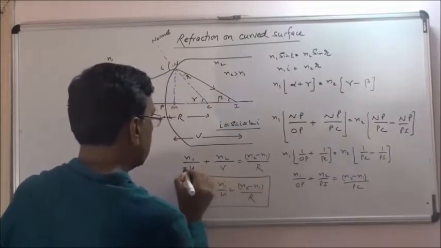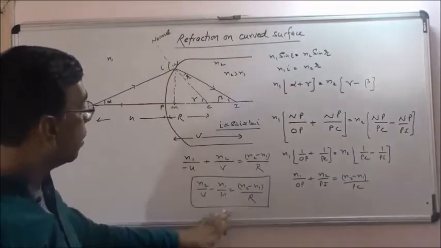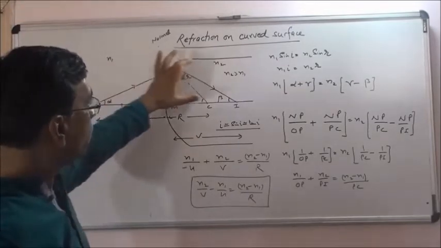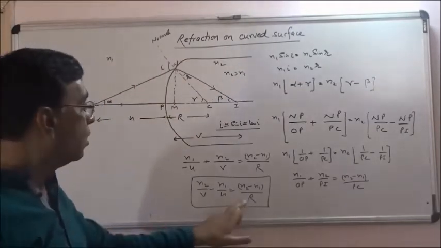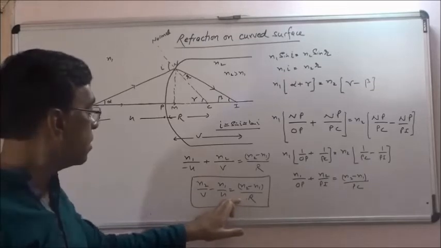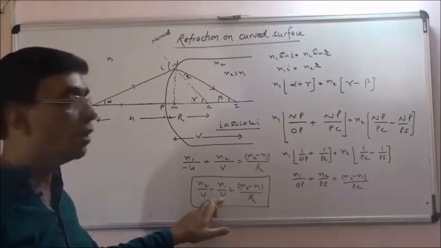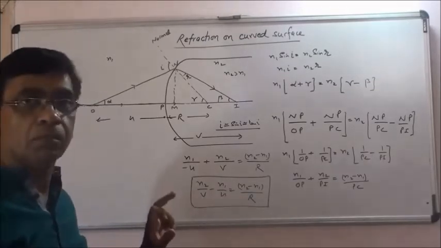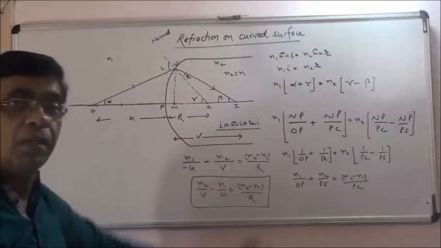This is the final expression relating refractive indexes of the two medium, radius of curvature of the surface, distance of object and distance of image. We have already done it for plane surface.